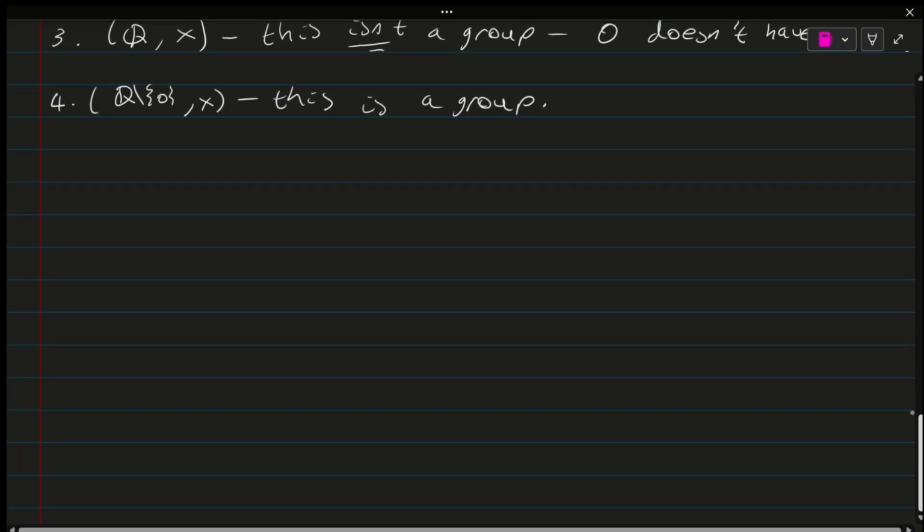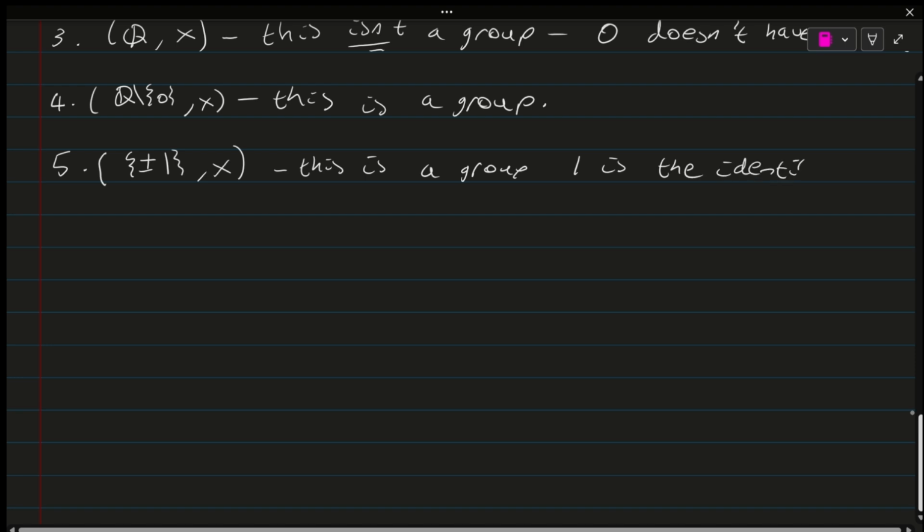So our next example is a much smaller group. The first 4 examples and non-examples we looked at were all infinite. This example is going to be finite, just the 2 elements plus and minus 1 under multiplication. So this is a group. So 1 is the identity. The inverse of 1 is 1.